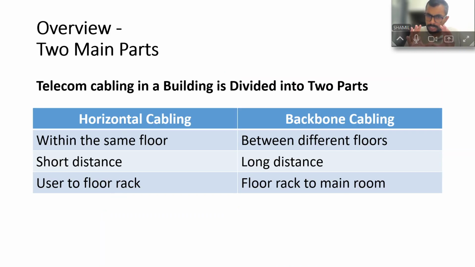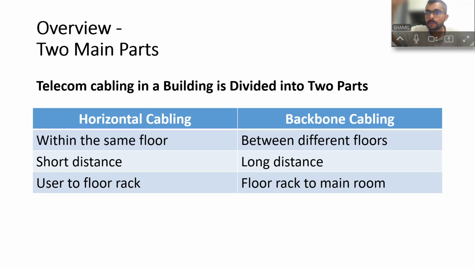Now I have explained this to you in a simple manner using a picture. Let us revise what we have discussed. Horizontal cabling is located on the same floor: your equipment and the rack are on the same floor. Backbone cabling connects different floors. Horizontal cabling is short in distance, so wherever you have short distances you use horizontal cabling.